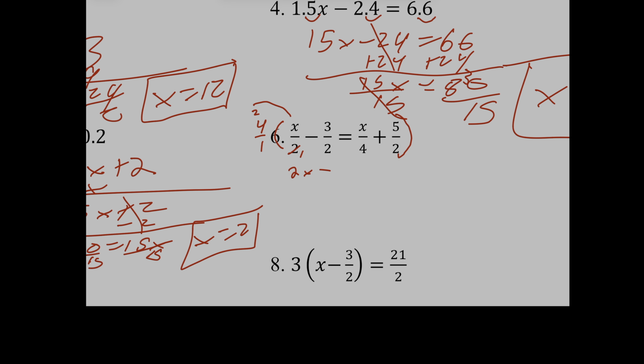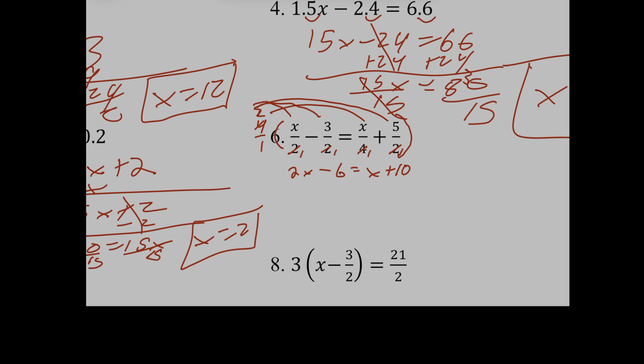Minus, 2 goes into 2 once, 2 goes into 4 twice, 2 times 3 is 6. Equals, 4 goes into 4 once, 4 goes into 4 once, 1 times x is just x. 2 goes into 2 once, 2 goes into 4 twice. 2 times positive 5 is positive 10. I know it's a lot of writing and it's really busy, but hopefully you could follow what I just did there.